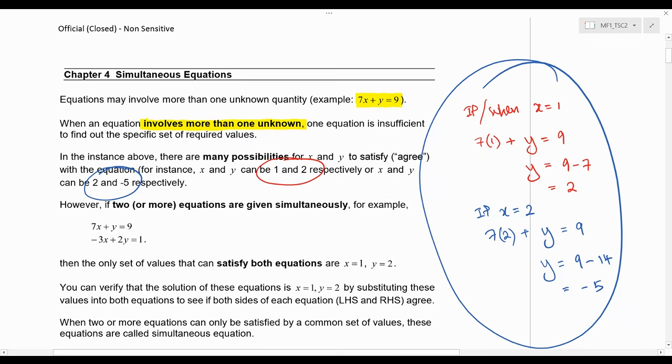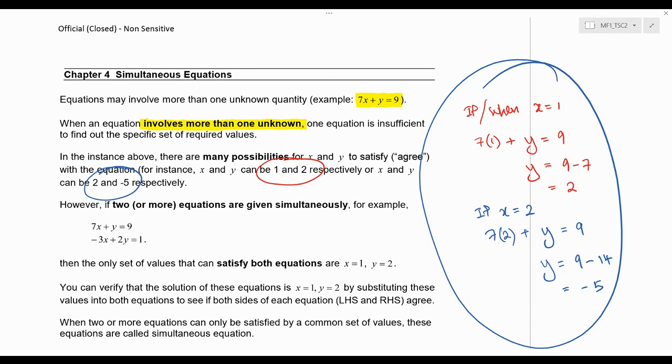There are in fact infinite instances where x can be something and y would be a corresponding value. There's a reason why you might have heard of the definition where x is considered an independent variable and y is a dependent variable. Whatever x is, y will respond accordingly.